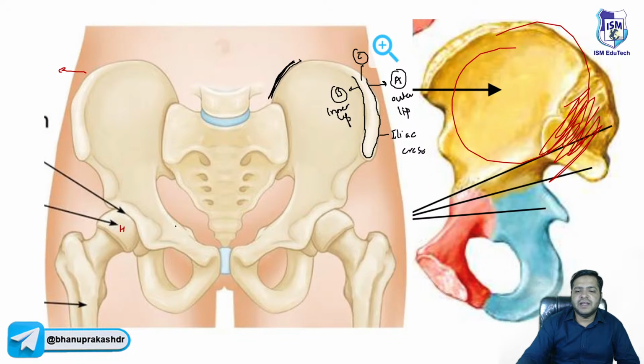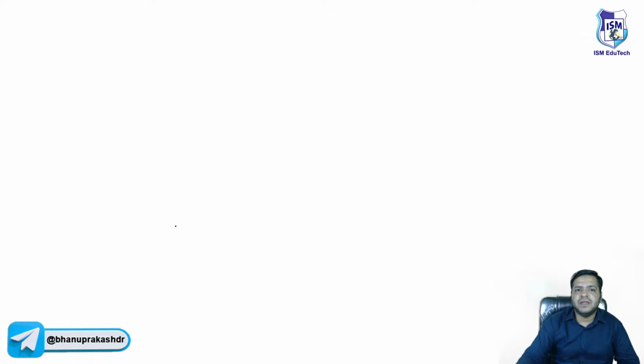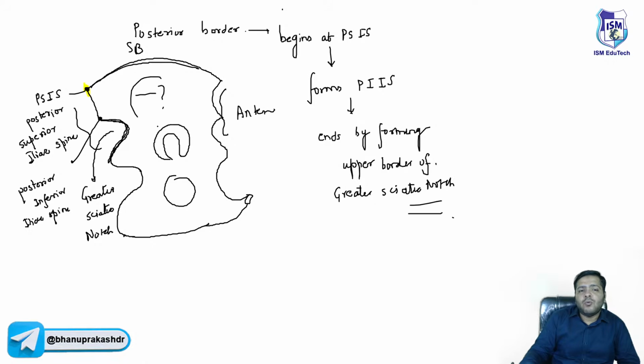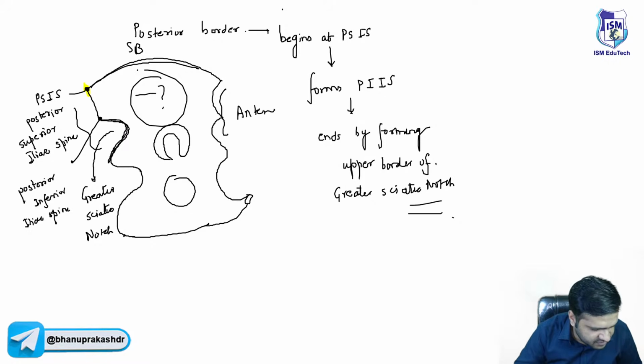Coming on to the medial border, beta. Now, everyone knows this is the superior border. This is the anterior border. This is the posterior border. Why can't I see the medial border in this?